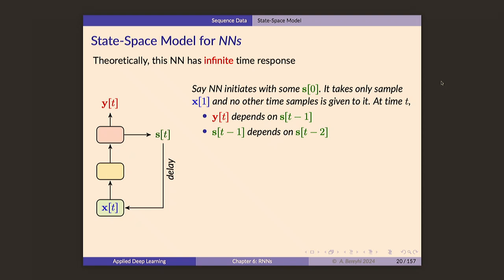So yt depends on st minus 1, st minus 1 depends on st minus 2, and you can keep on going like this till you get to the very beginning of time where you have s1, and that s1 was a function of x1. So you give x1 at the beginning of time, you stop giving anything to this neural network, but if time goes on, this neural network is going to generate some output which still depends on your x1. And this is simply because you are carrying that x1 in your state. Clear? So it is going infinitely back in time, but you don't really need to have infinite size because st is fixed.